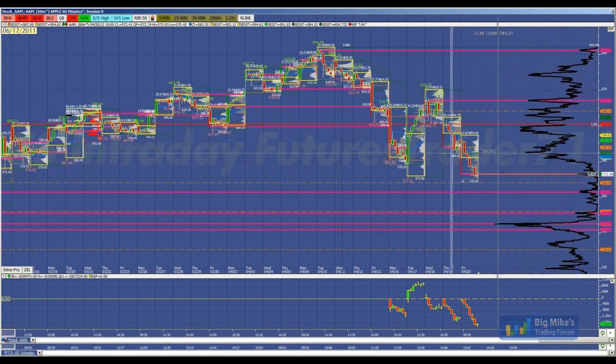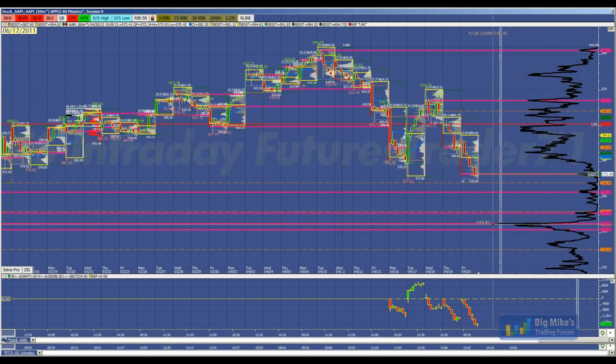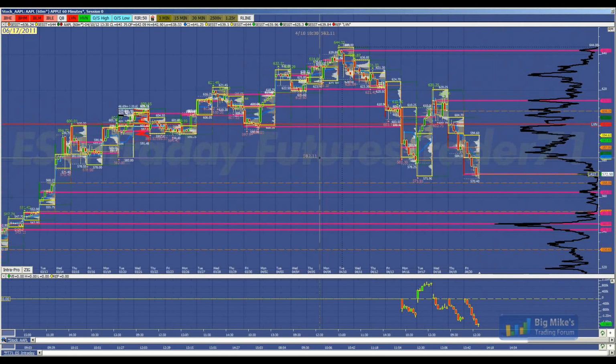If Apple does not defend the prices from 570 down, and go back to the most accepted prices, it is likely to run through to 545. I'm not going to say mark my words, but that's what the auction is showing. It is no longer interested in these upper prices.